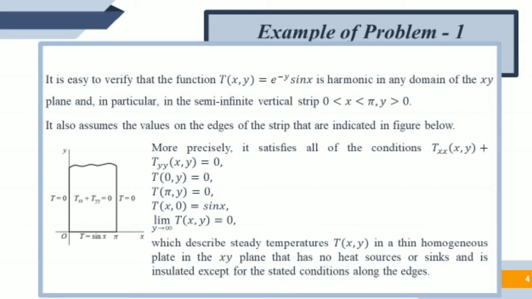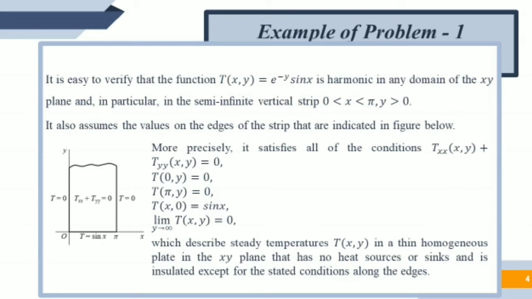The first example: it is easy to verify that the function T(x,y) equal to e^(-y) sin x is harmonic in any domain of the xy plane, and in particular in the semi-infinite vertical strip 0 < x < π for y > 0. It also assumes the values on the edge of the strip that are indicated in the figure below.